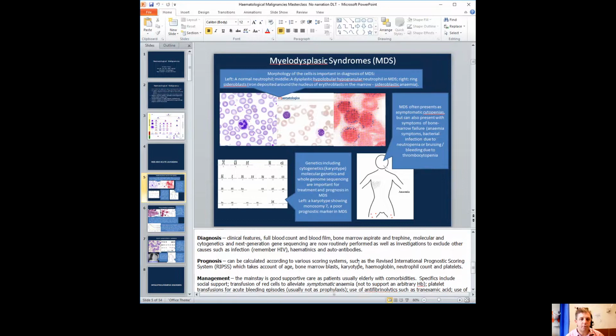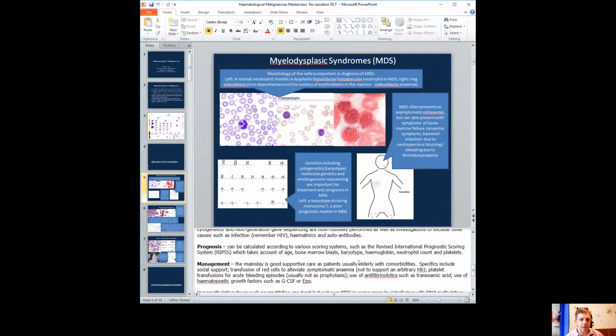The prognosis depends on the number of mutations that are present. Sometimes it can be very rapidly progressing into acute myeloid leukemia. That can take over six months or so. Sometimes it can be much more indolent than that, with just a single mutation or a few relatively benign mutations which lead to a more indolent form of myelodysplasia.